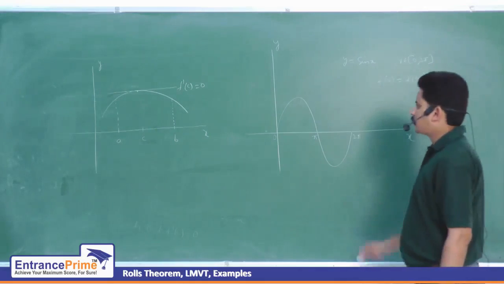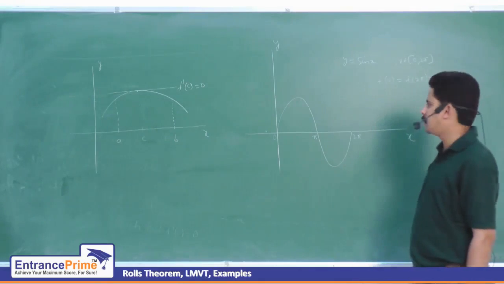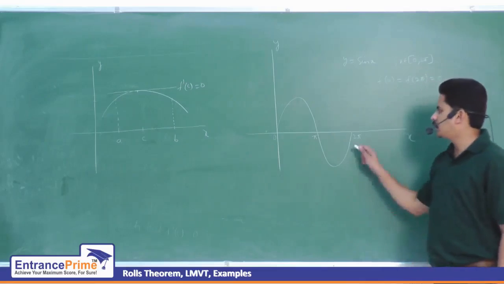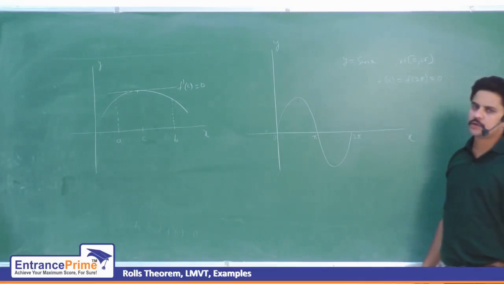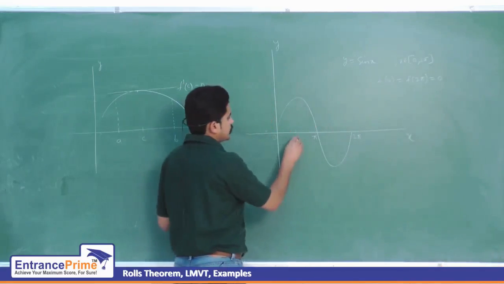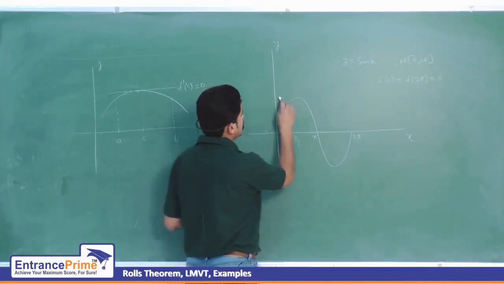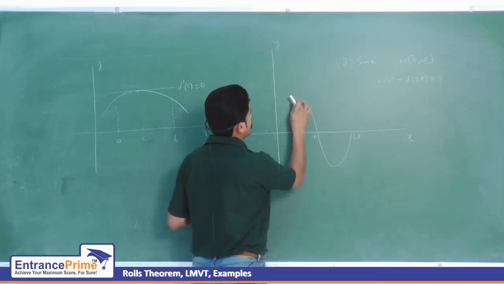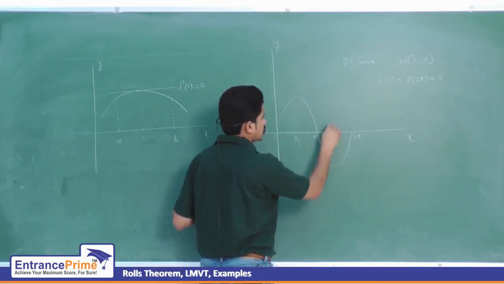So according to Rolle's theorem, there must exist at least one value of x in this interval 0 to 2 pi such that the slope of the tangent is 0. It is quite obvious from the graph that one such value is pi by 2 and the other value is 3 pi by 2.